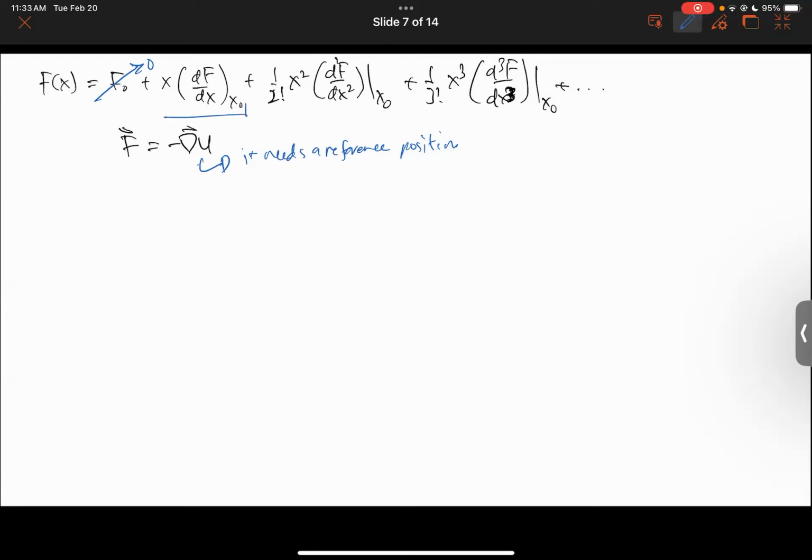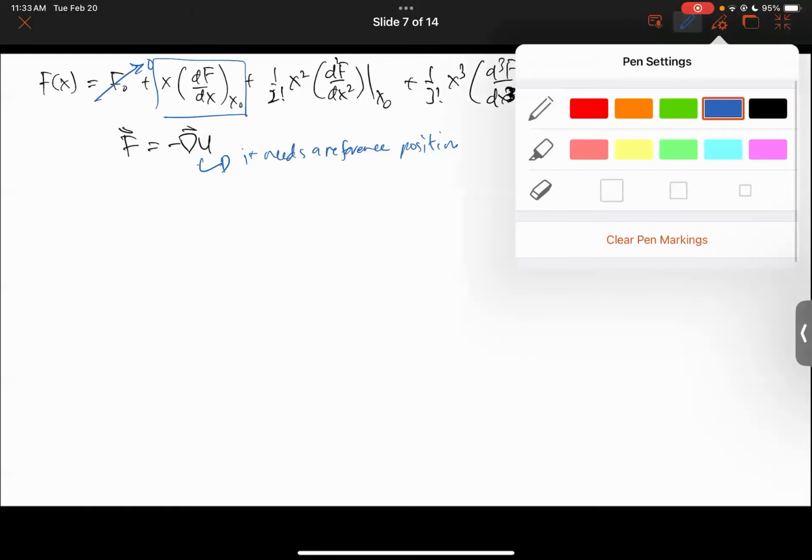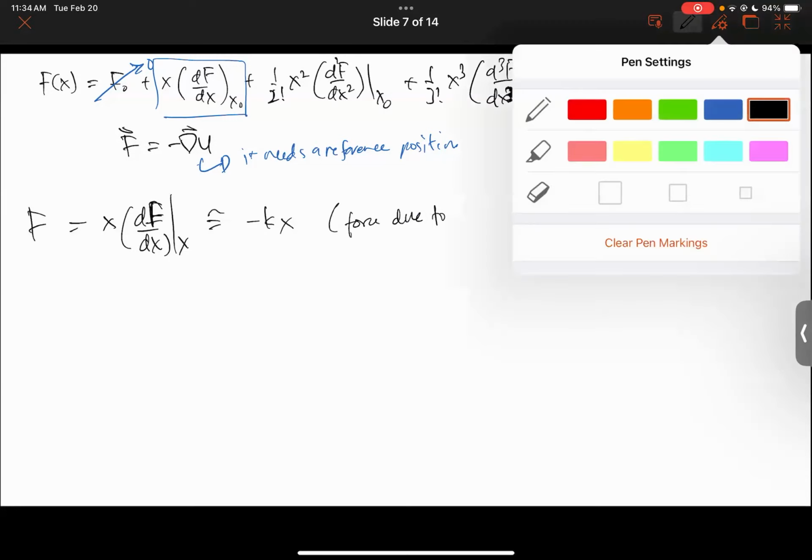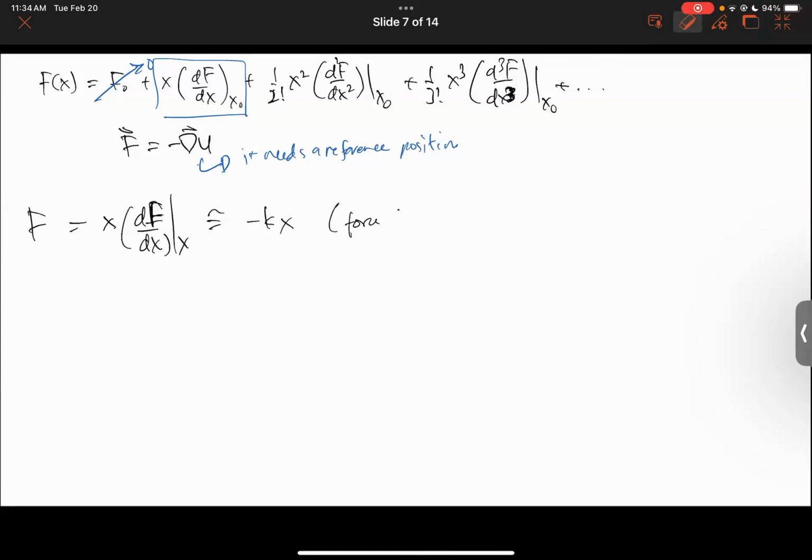Now let's take a look at this second term. Now yung second term, x times df/dx evaluated at x naught, we can equate it to minus kx, di ba? Kasi yun yung first approximation natin before, which is yung force acting on a spring, di ba?